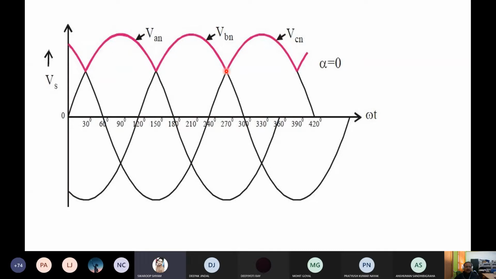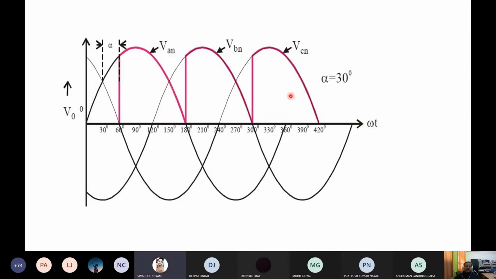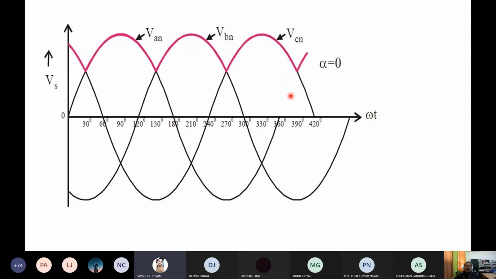Minimum firing angle is 30 degree. Under steady state condition, this situation is similar to this situation. Sir, this waveform in red line, this is only the output waveform. This is the violet one.